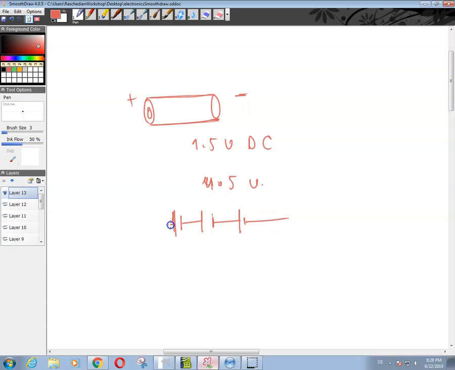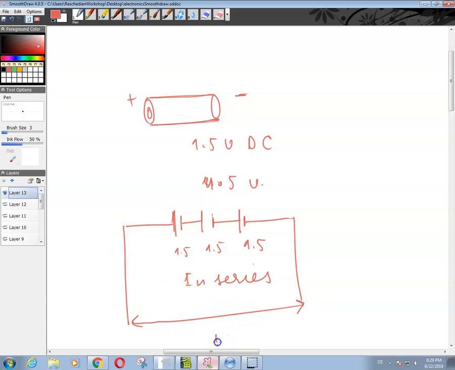Each of them is 1.5 volts, so you say that you have connected the batteries in series, and the voltage becomes 4.5 volts, which is equal to 1.5 times 3. So that's basically what a battery is.